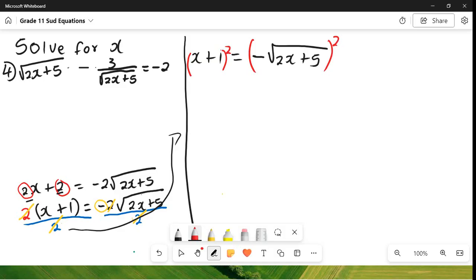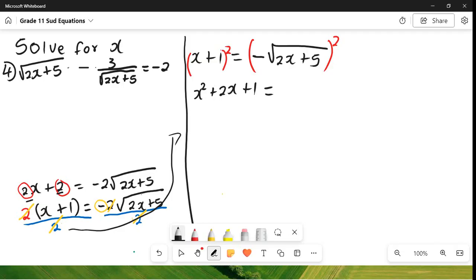So on this side, what do we get when we multiply this twice? We have x squared plus 2x plus 1. X squared plus 2x plus 1 equals.